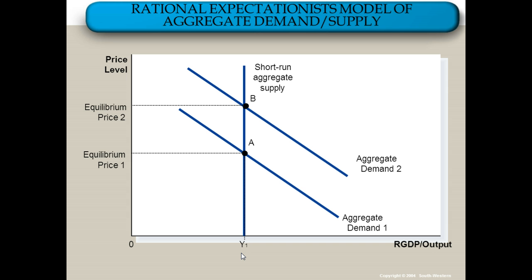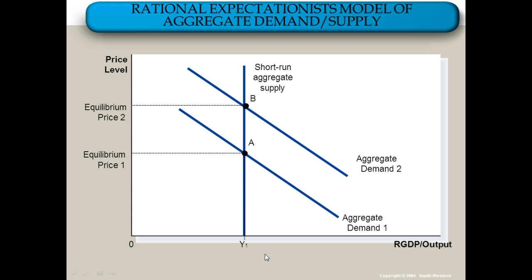Keynes argued that during the Great Depression, the government needed to step in and increase aggregate demand. The rationalists say that government increasing aggregate demand is just creating higher prices and crowding out the economy, while not doing much of anything to create any more RGDP.